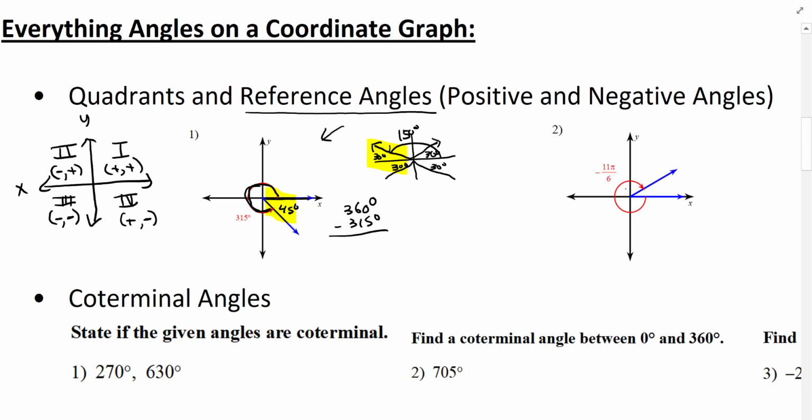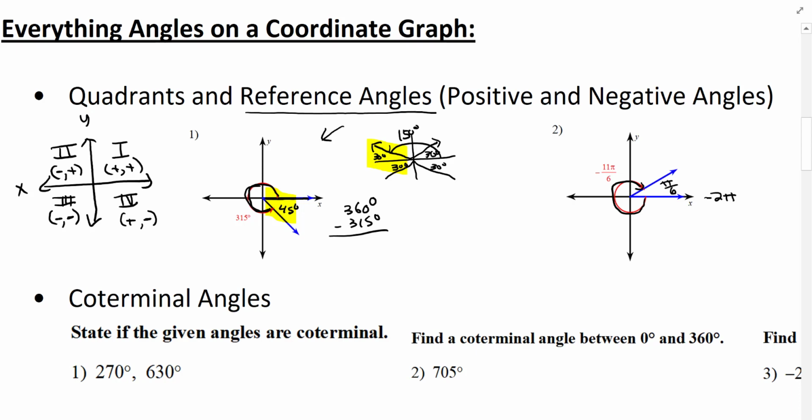We also have radian mode, right? So this 30-degree angle right here would be pi over 6. There's positive and negative angles, correct? So in this example, we went almost all the way around the circle. And if it's in radians, that would be 2 pi, and we went in the negative direction.